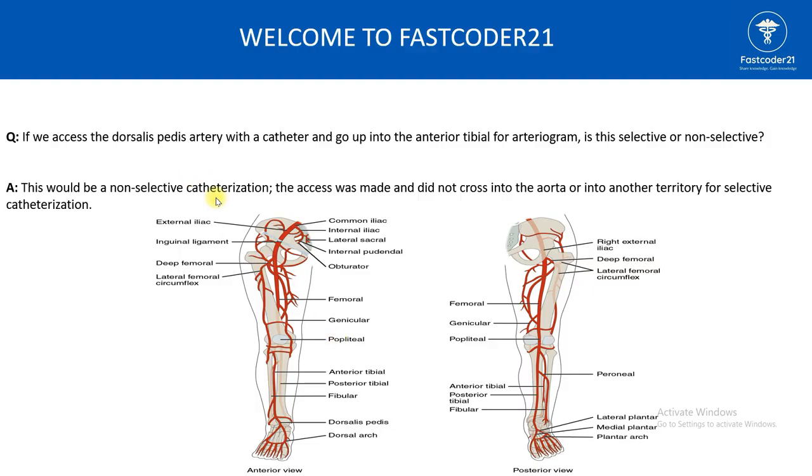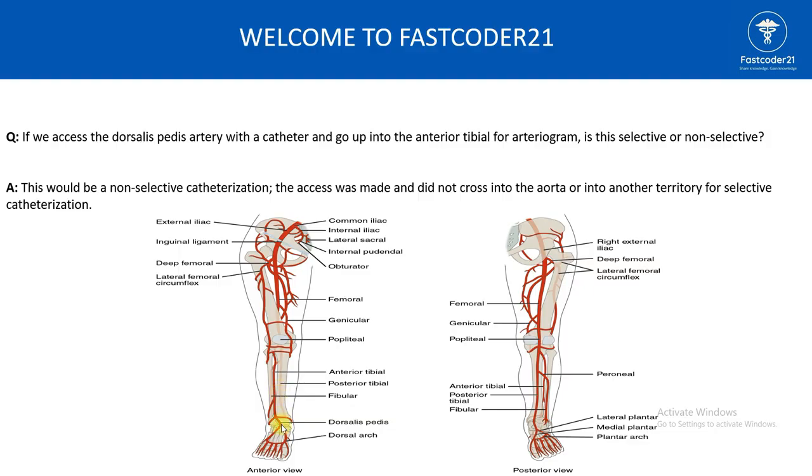For example, let's see this scenario. If we access the dorsalis pedis artery, where is the dorsalis pedis artery? It is in the tibioperoneal territory. We access it with a catheter and go up into the anterior tibial arteriogram. Is this selective or non-selective? Obviously, this is non-selective. Why?